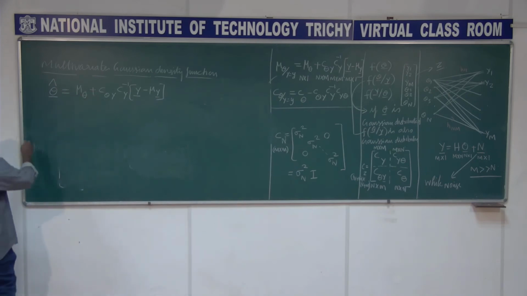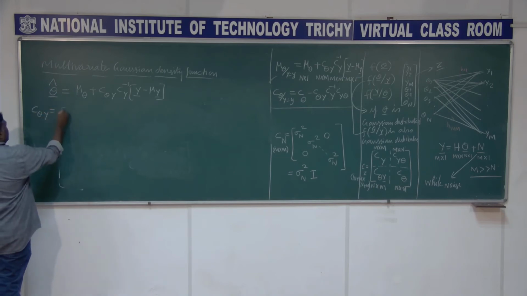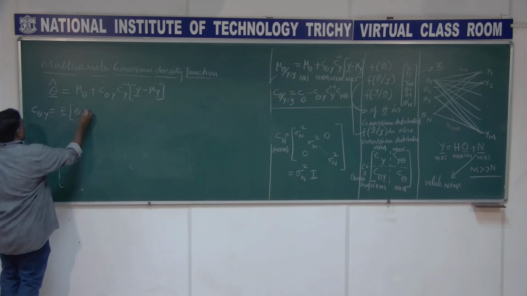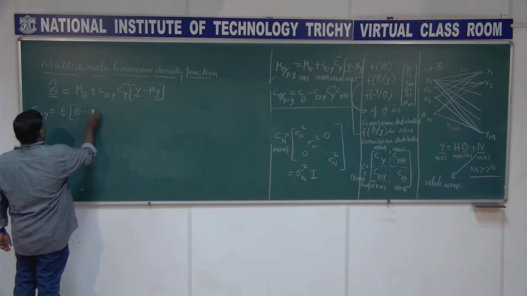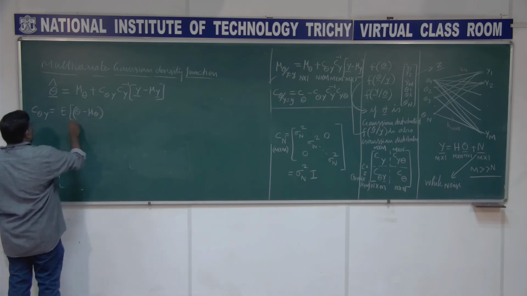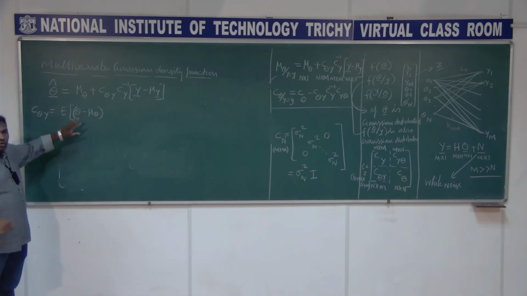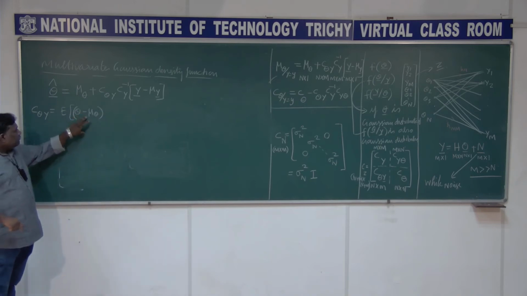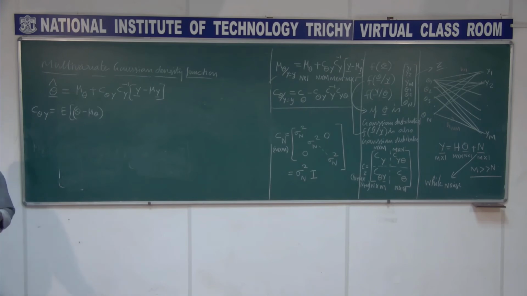So we will start with C theta y. What is this basically? This is theta minus, and this is going to be your column vector, which is of size. What is the size here?